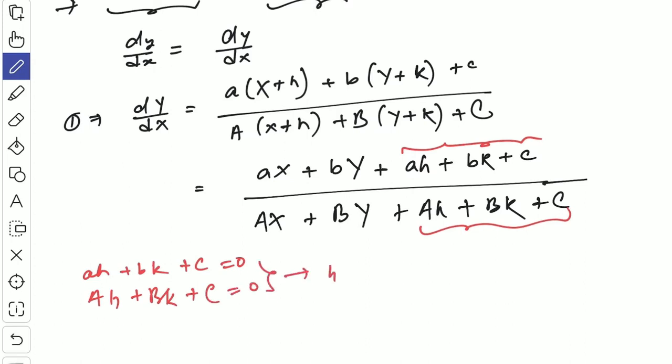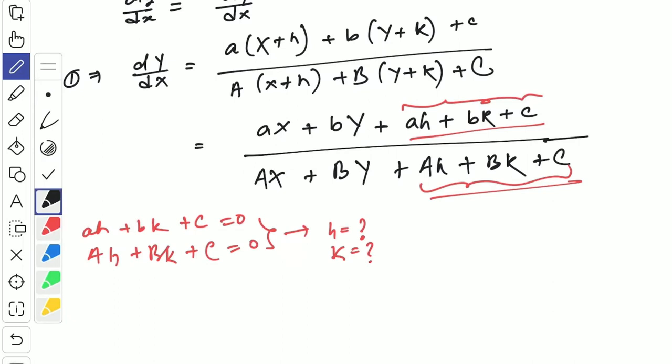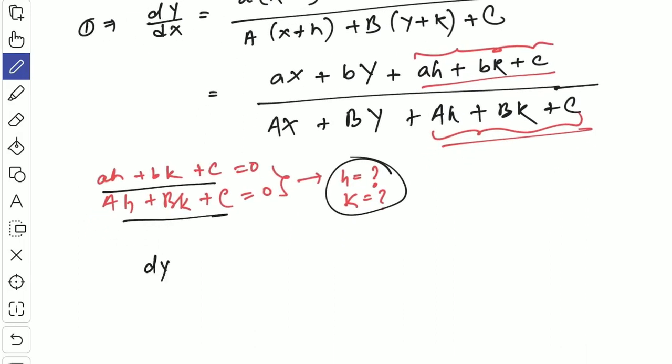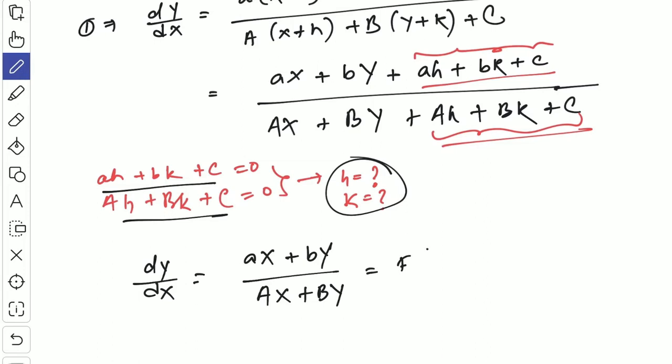If you solve these two, you will get two values h and k for which these two parts become 0. Then if you choose such values of h and k, the differential equation will be reduced to this form, which can be further expressed as a function of y by x, which is homogeneous. Then you can apply the variable separable method.